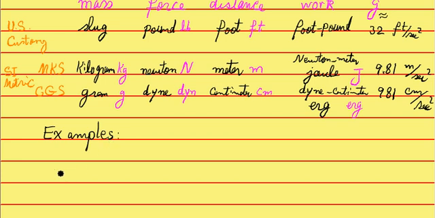Okay, first example, just look at the first problem here. Suppose you have the unfortunate task of pushing a car. So here is a car, and you are here pushing this car.